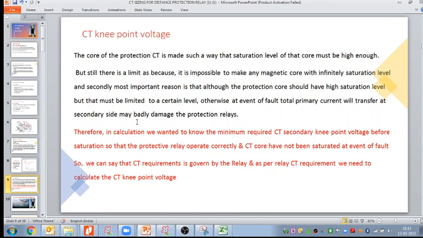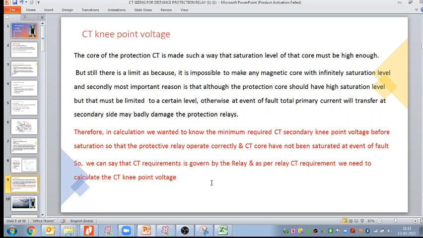But what should be the saturation level, when CT should saturate at the event of a huge fault? Therefore, in calculations, we want to know the minimum required CT secondary knee point voltage before saturation, so that the protective relay operates correctly and the CT core has not been saturated at the event of a fault.